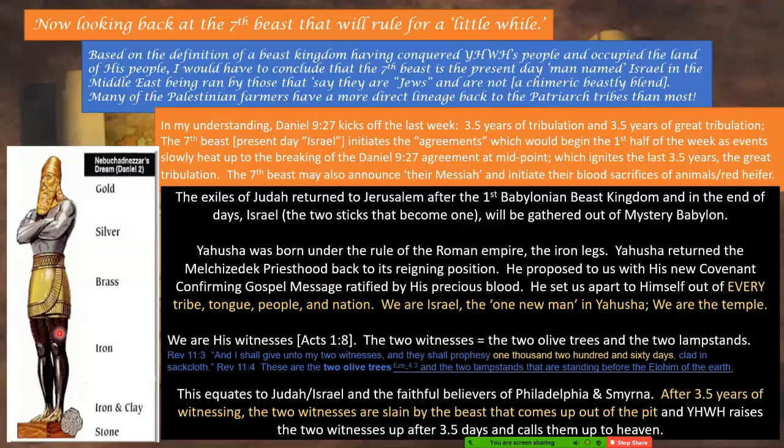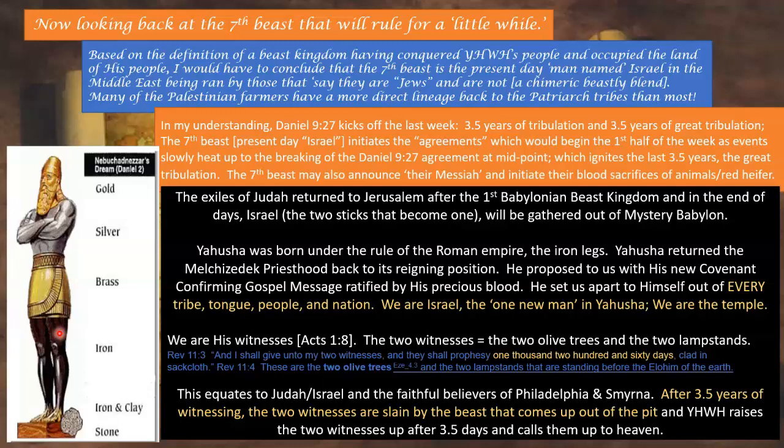He set us apart to himself out of every tribe, tongue, people, and nation. We are the true Israel born from above. We are the one new man in Yahusha. We are the temple. We are also his witnesses, as stated in Acts chapter 1, verse 8.